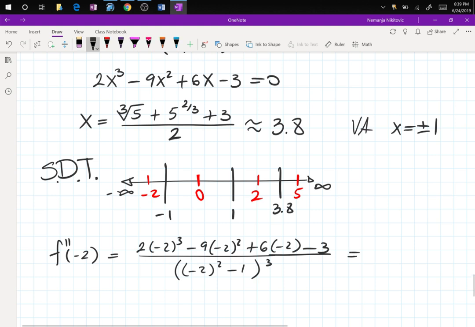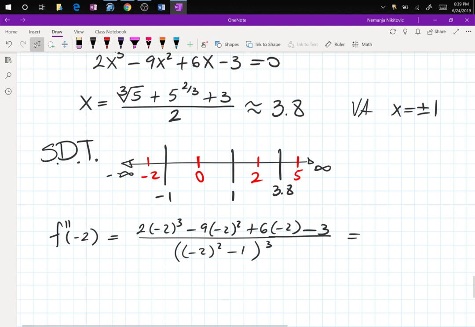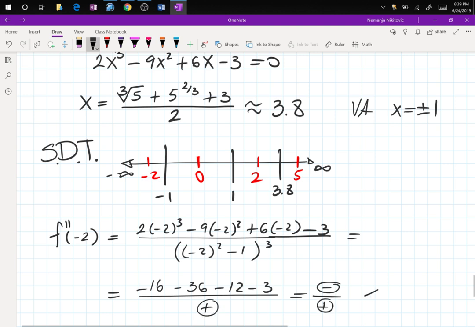So I have negative 16, negative 36, negative 12, negative 3. So the top is negative. The denominator is positive. So the whole thing is less than 0, concave down.